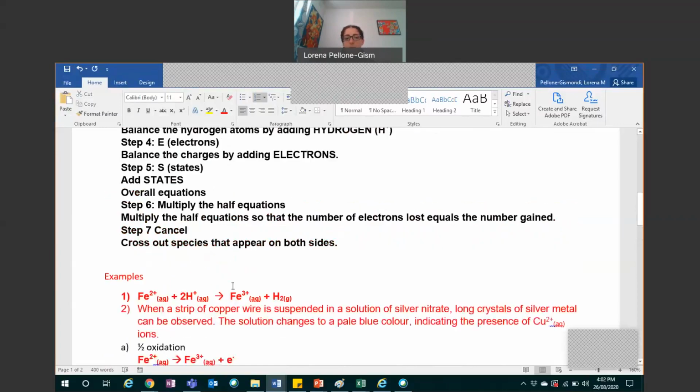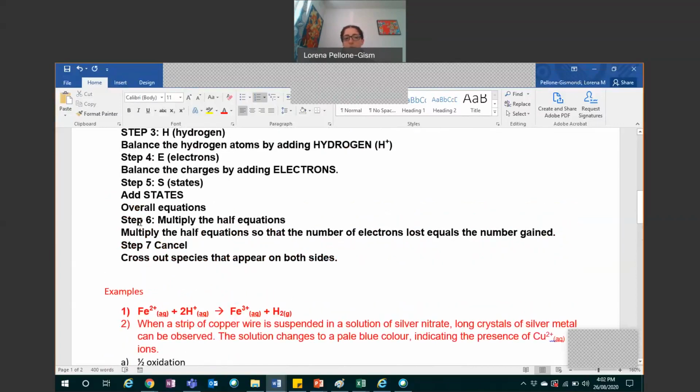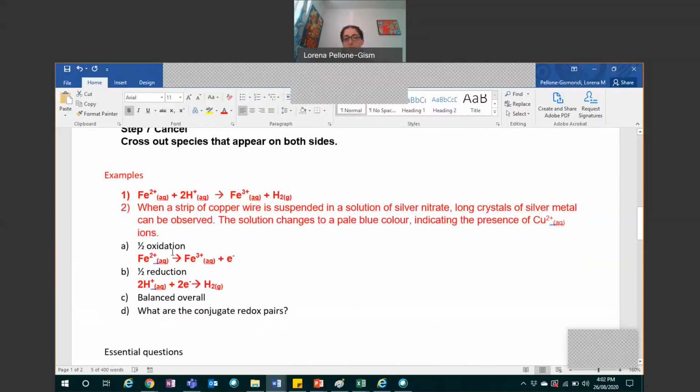Now we're going to do the overall. I just want to make this really clear. The iron is losing 1 electron. The hydrogen is gaining 2 electrons, which means that there's an imbalance here. We need to make sure that the hydrogen is gaining the electrons that the iron is losing.